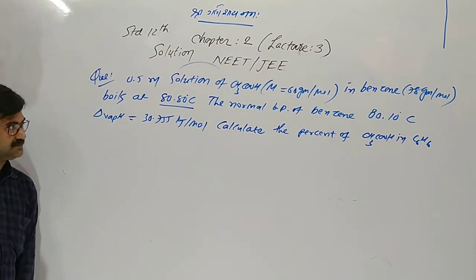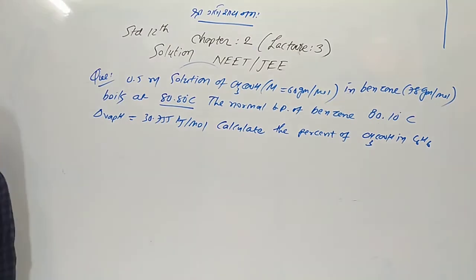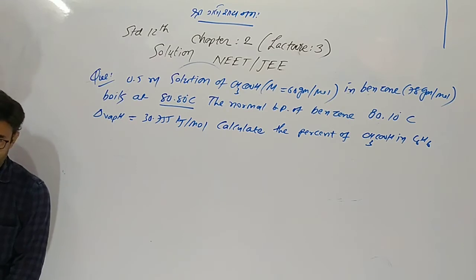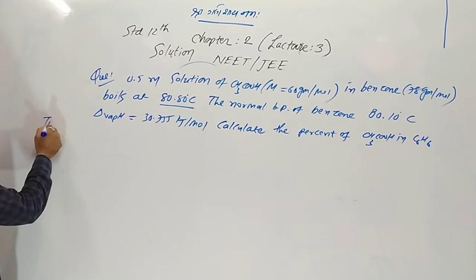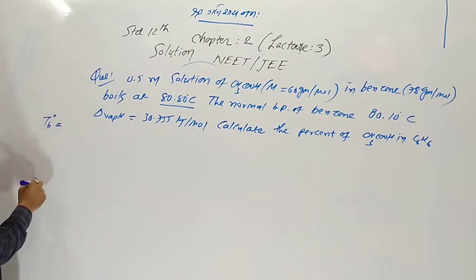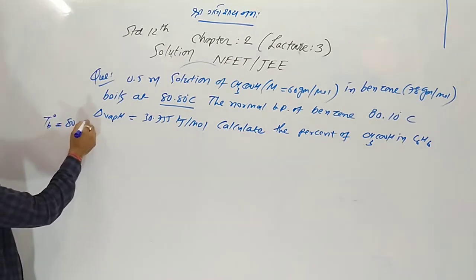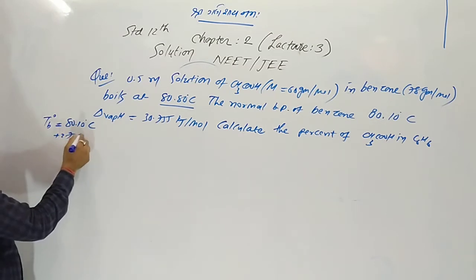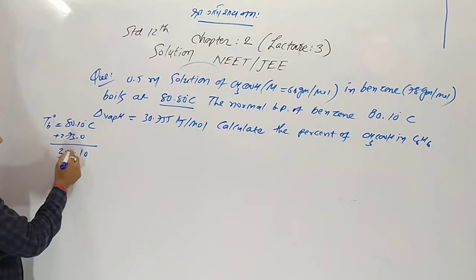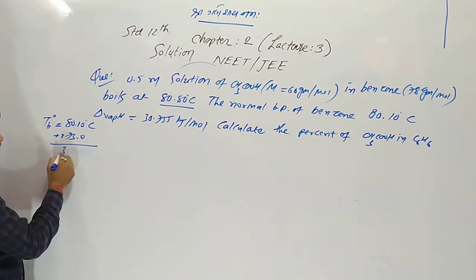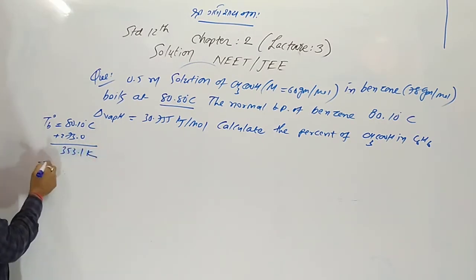Here the boiling point is given in Celsius. We are converting into Kelvin. Here the boiling point of the solvent is 80.10, and 273 we are adding, so 353.1 Kelvin.